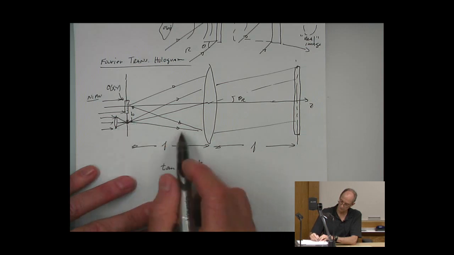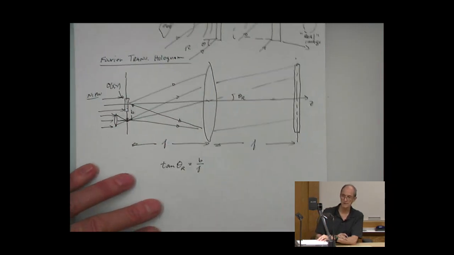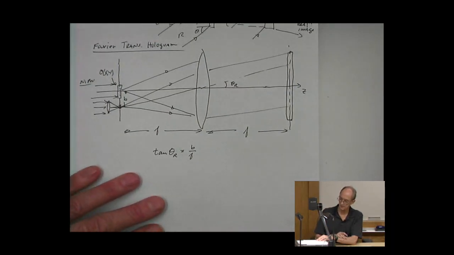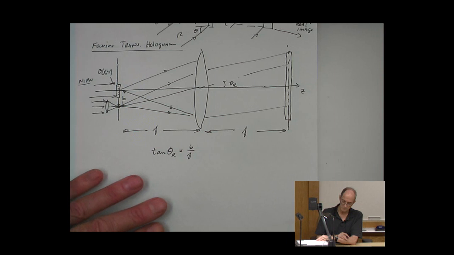It's this distance over that length. So we have this off-axis plane wave coming in, and it's off at a little bit of an angle to the z-axis.